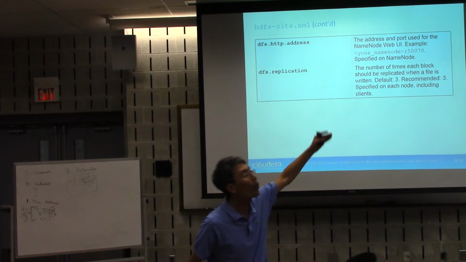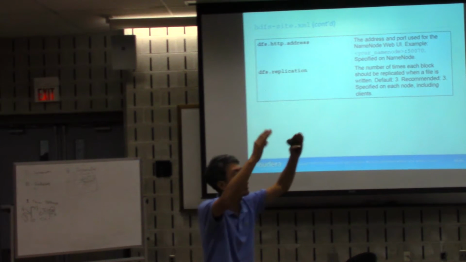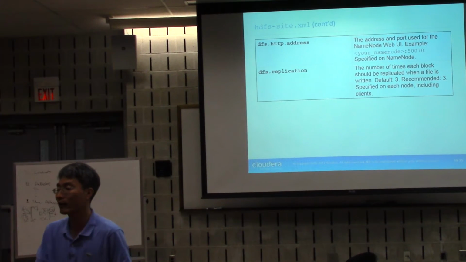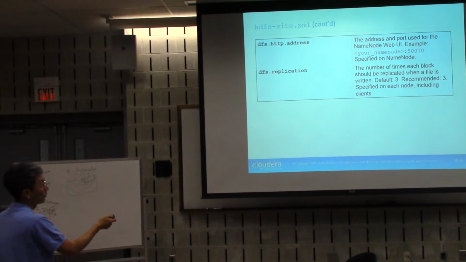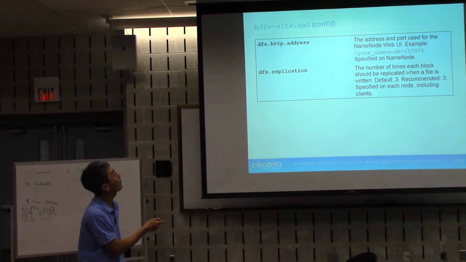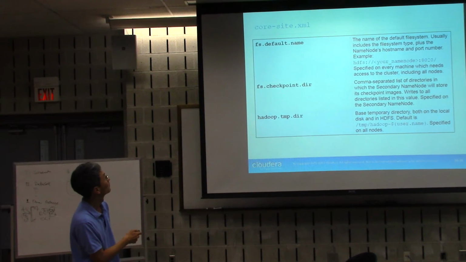It doesn't show all the data blocks of 128 or 64 megabytes, but it shows the header of the data. Also, you can see the file information and other information about Hadoop. It provides a web user interface, so that will be specified here.